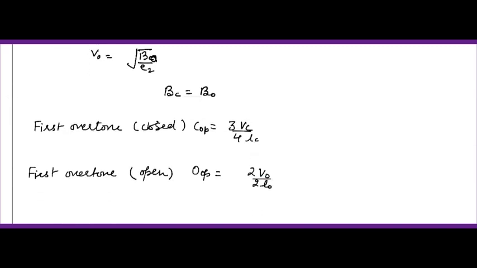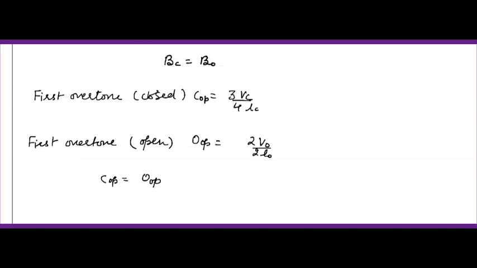As these both are the same, COP equal to OOP. So 3 Vc by 4 Lc will be equal to 2 V naught by 2 L naught.